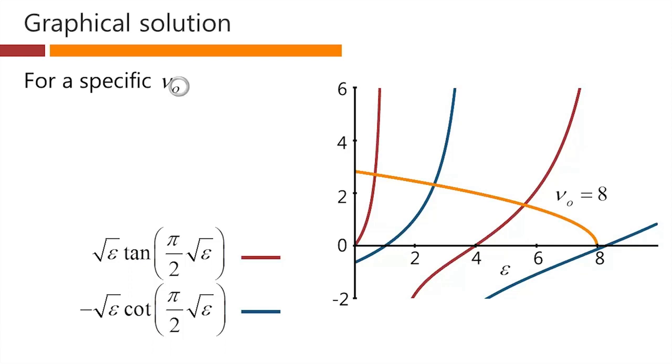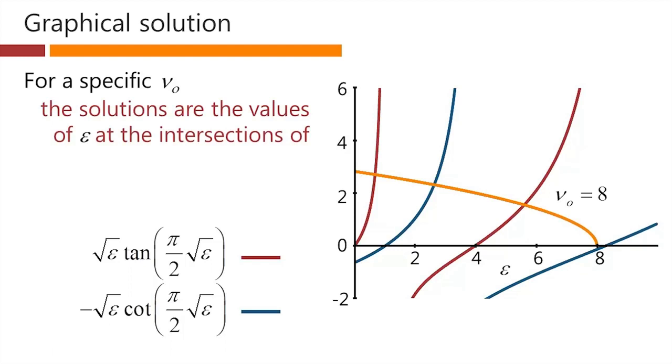Now, for a specific nu naught, such as nu naught equals 8 here, the solutions of our problem, the eigenenergies, are the values of epsilon at the intersections of this square root curve and these two curves here. So explicitly, one of those solutions, one of these intersections, is for epsilon equal to 0.663.